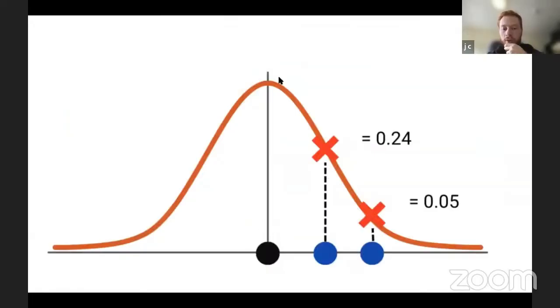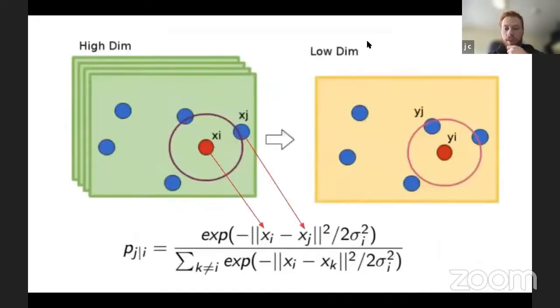So if this is our point, the closer the points are, the higher the density, and if they're further away, the density goes down. Now we do the same in low dimensional space for all points, and our goal is to preserve the density between the points as much as possible. So we have an optimization problem.